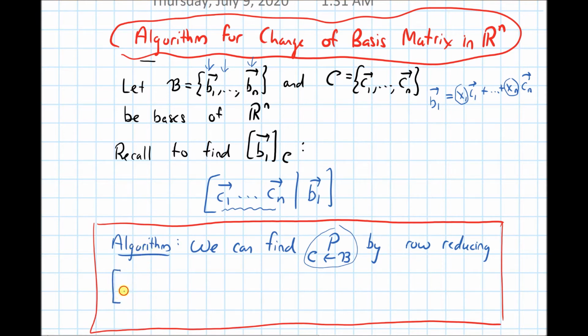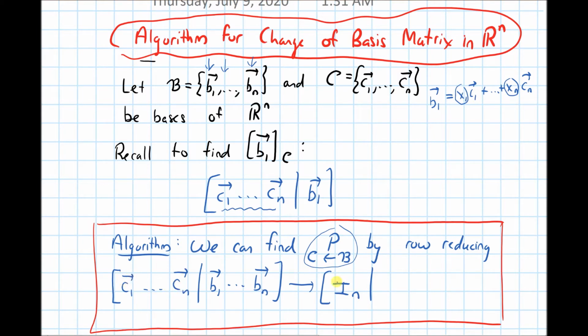That's what this algorithm is all about. The algorithm says let's form a matrix where on the left-hand side I just put the vectors C1 to Cn, but on the right-hand side I put all the B vectors, B1, dot dot dot, up until Bn. When I row reduce this, the left-hand side is going to become In, because the C's form a basis, so they'll have a pivot in every row and column.